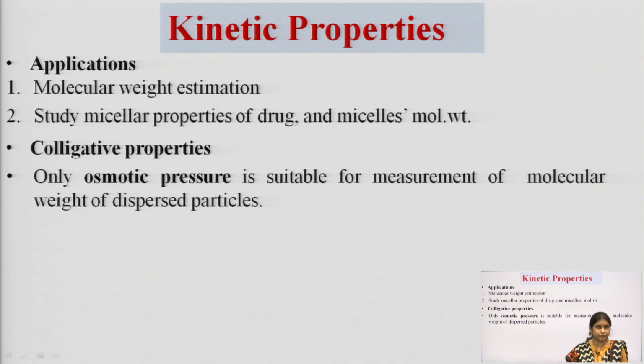We know that there are 4 colligative properties, but for colloidal preparation we are only taking into account the osmotic pressure. Osmotic pressure is suitable to measure the molecular weight of the dispersed particles.